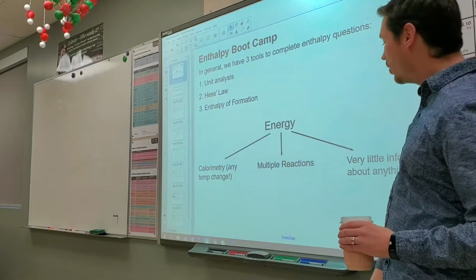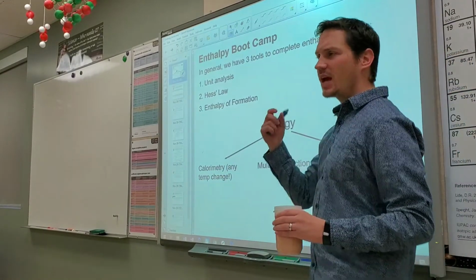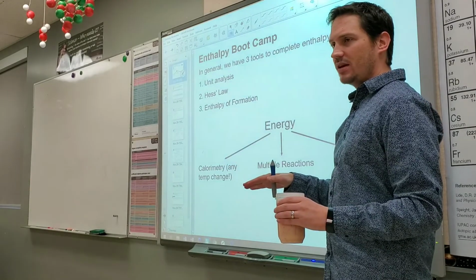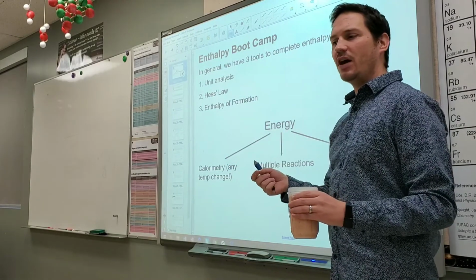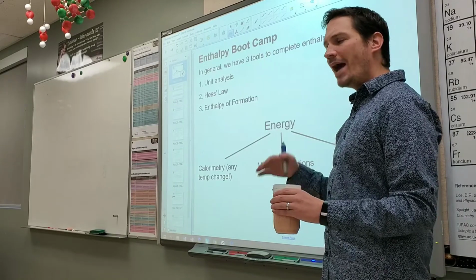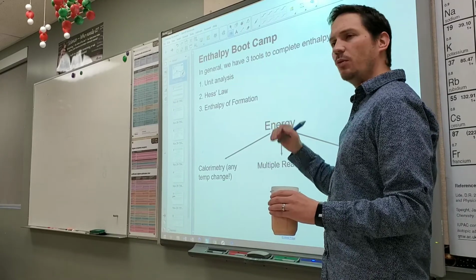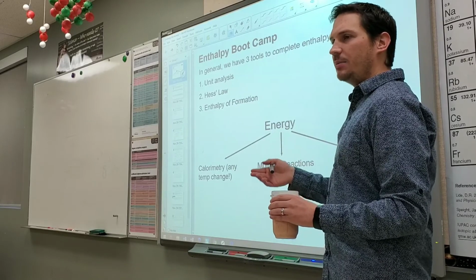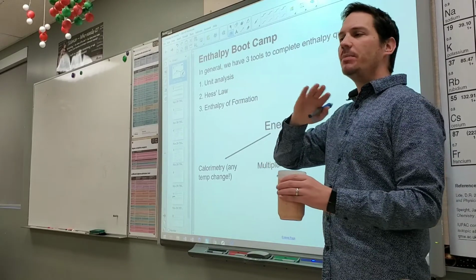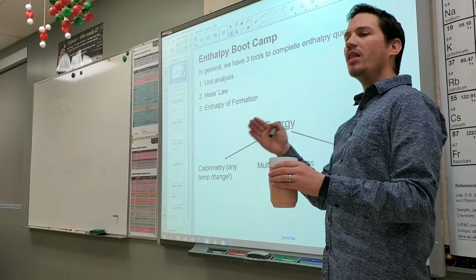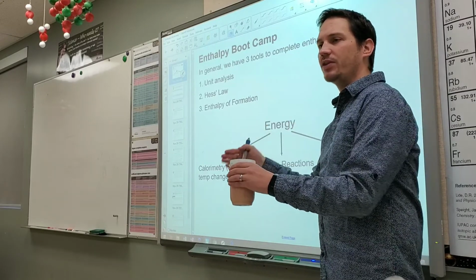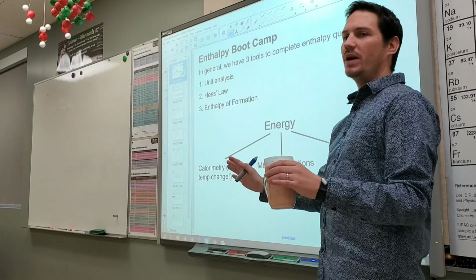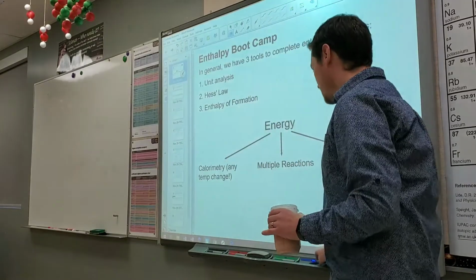Now I want to go over a few questions and try to identify when we would use unit analysis, when we would use Hess's law, and when we would use heats of formation. Because there's a bunch of different questions, and they could all ask, what is the molar enthalpy of something? But there are radically different ways of going about that process.